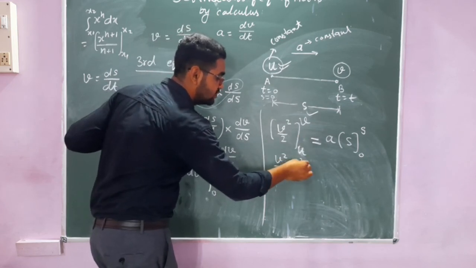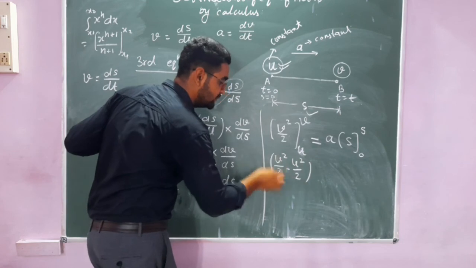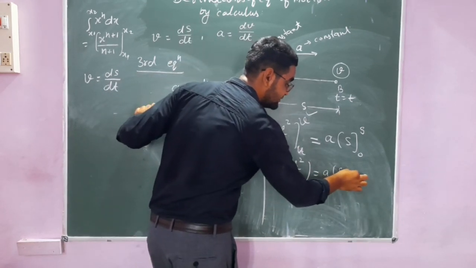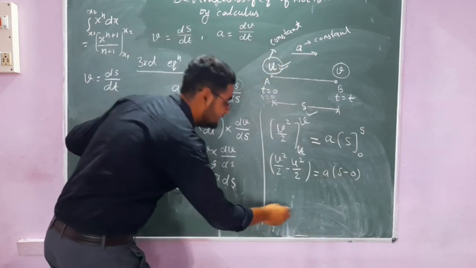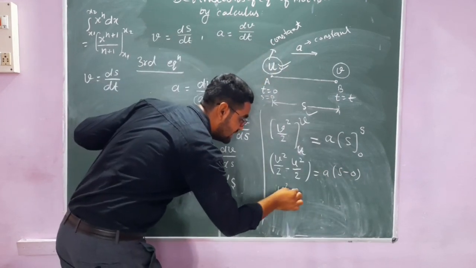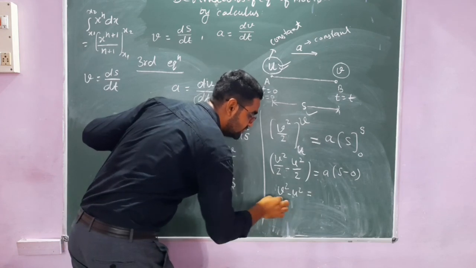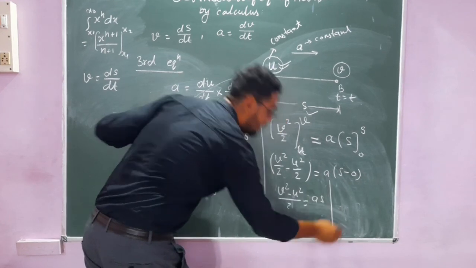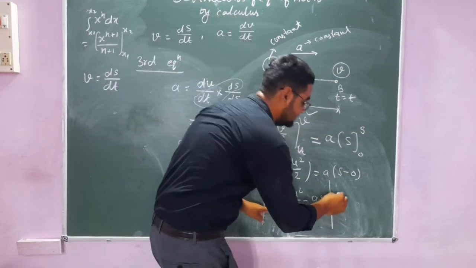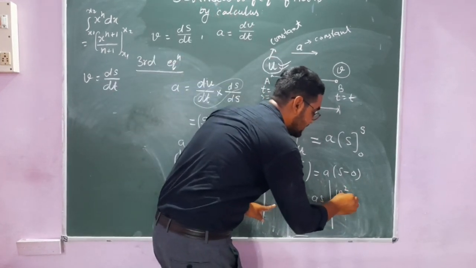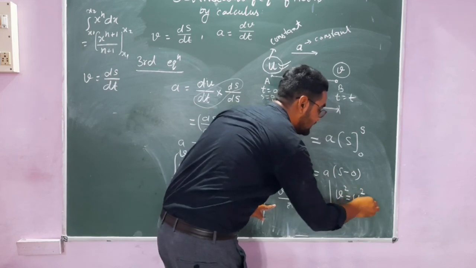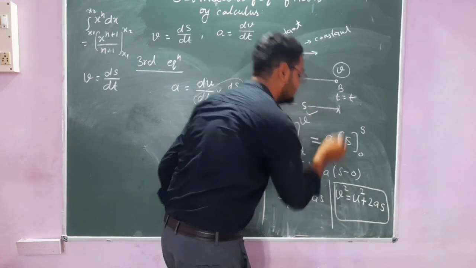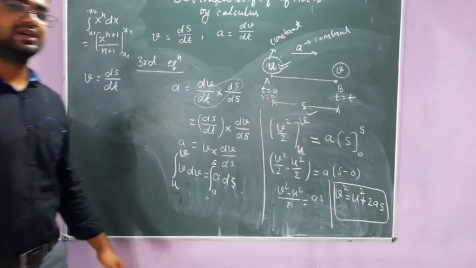This will be equal to u square by 2, which is equal to a s minus 0. Or we can also write v square minus u square divided by 2 is equal to a s. Or on simplifying, this can be written as v square is equal to u square plus 2as. This will be the third equation of motion.